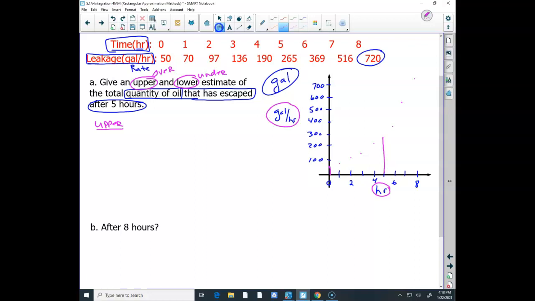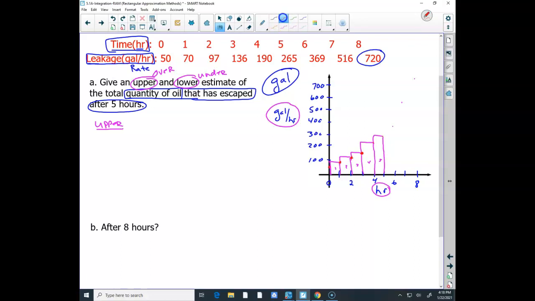And if they want an upper estimate, I am looking at rectangles that look like this. I should have gone the other way here. Sorry. I got 1, 2, 3, 4, 5. Now I really need to define, that was my data.